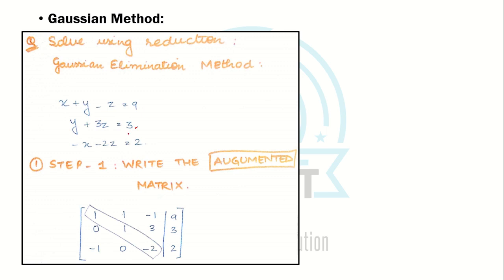Okay, so the first step once again remains the same. You write out the coefficient matrix. Now, instead of writing simply the coefficient matrix, you write what is known as the augmented matrix.